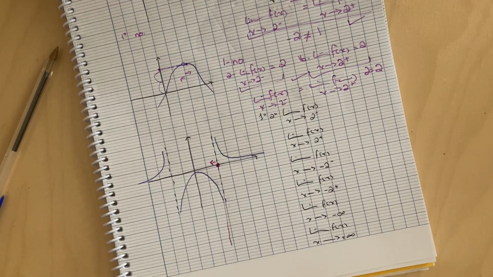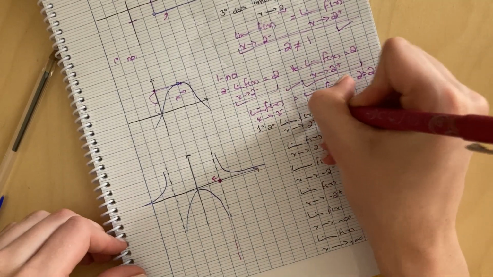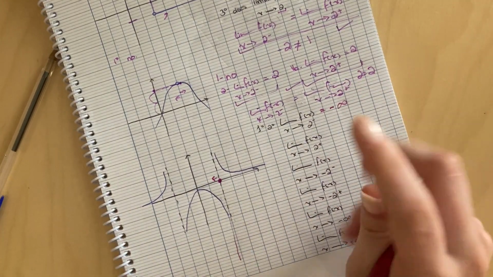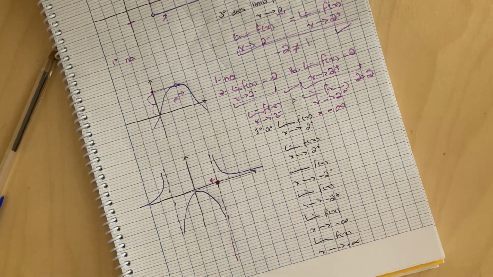It's at 2 minus, and it's going down to infinity. Notice that it's going down to minus infinity right here. So the limit of f(x) as x tends towards 2 minus, just a little bit before the 2, is minus infinity. Now, what's the limit of f(x) as x tends towards 2 plus?